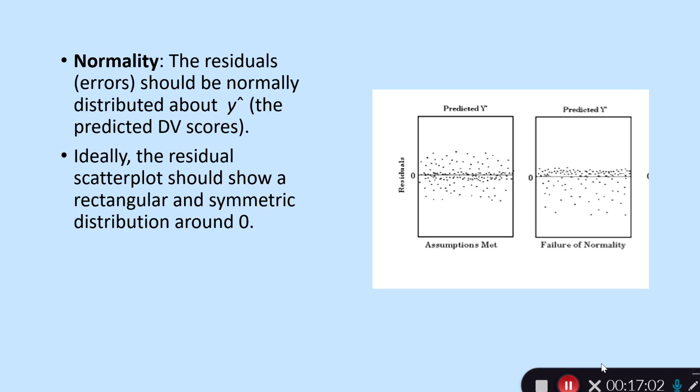So normality, this basically means that the residuals should be normally distributed about y, what we'd call y hat, or the predicted DV scores, in the residual scatter plot. So when we run our analysis, we can ask SPSS for these sorts of residual scatter plots, and they should show a nice rectangular and symmetric distribution around 0.